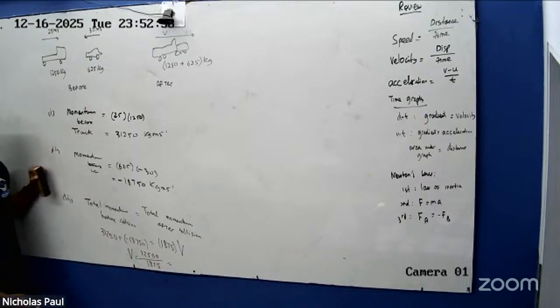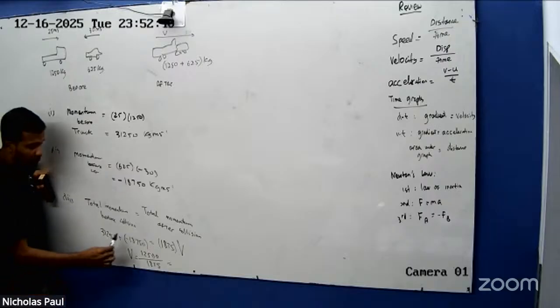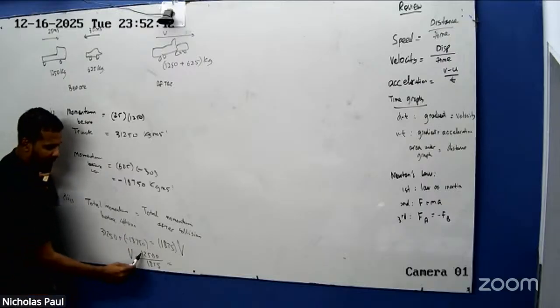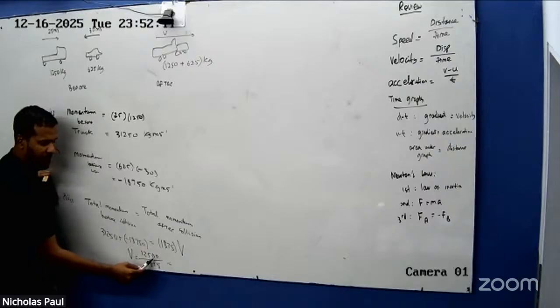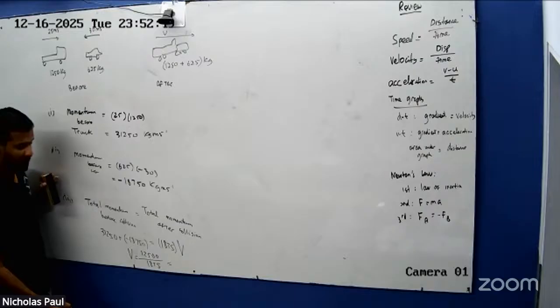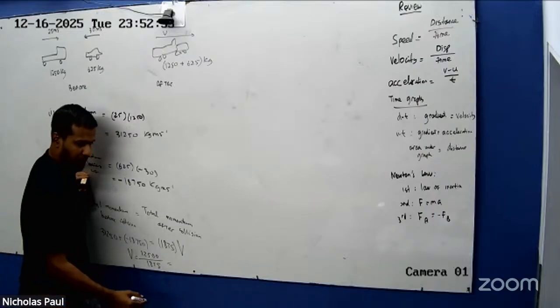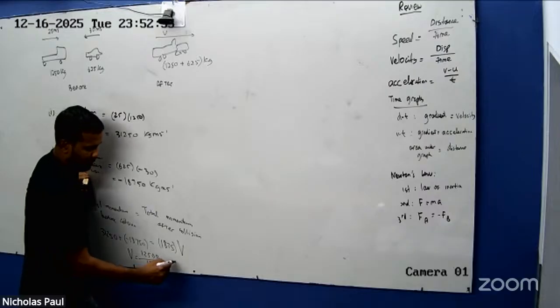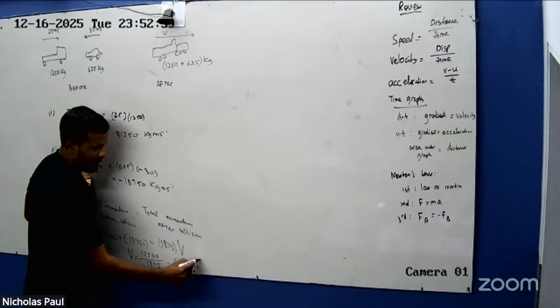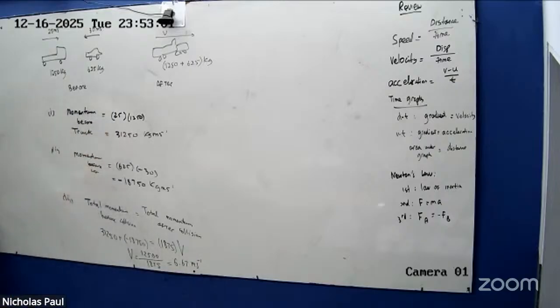Right? You okay with that? So you work out the momentum before, and you get 12,500, and then you divide it by the total mass. How much is that? 6.67.